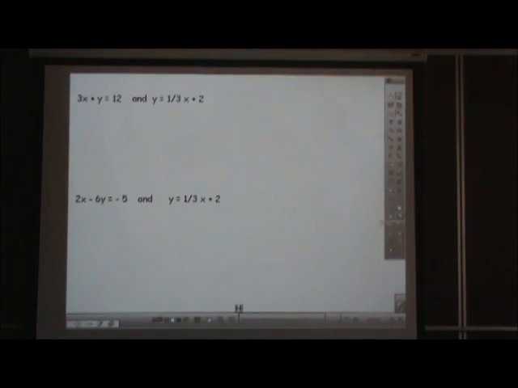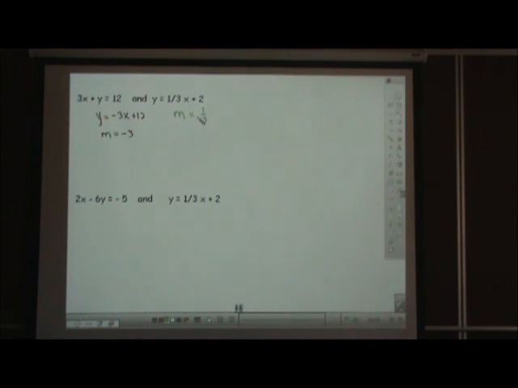Okay, we're going to practice this again. On the first equation in the next example, 3x plus y equals 12, we're going to get y by itself, so we have to subtract the 3x over to the other side. So y equals negative 3x plus 12. The slope of this line would be negative 3. Now, as I go to the second equation, I can already see it's in slope-intercept form, so the slope is 1/3.